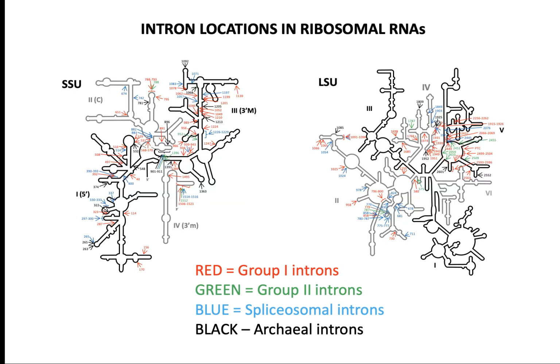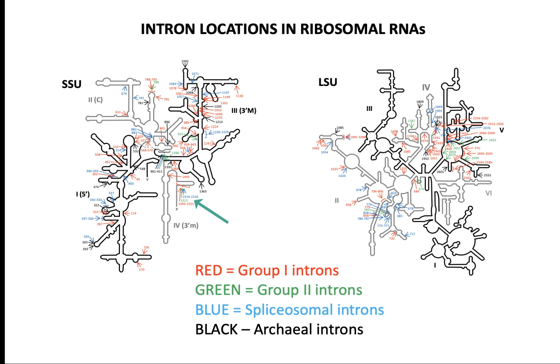In many locations on these two molecules, both the small subunit and the large subunit, there appeared to be overlaps or very close proximity between group 1s, group 2s, and spliceosomal and sometimes archaeal introns. In fact, sometimes they looked like they were in exactly the same spot or close to the same spot, within 10 nucleotides.